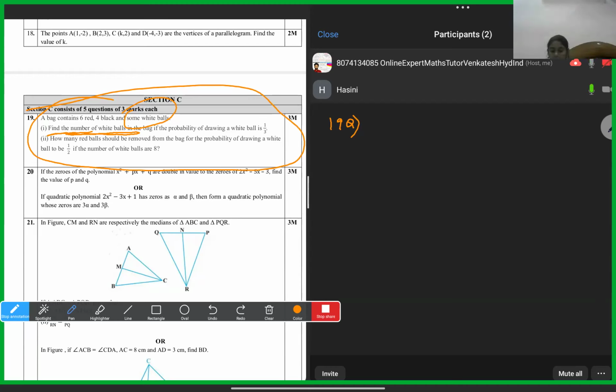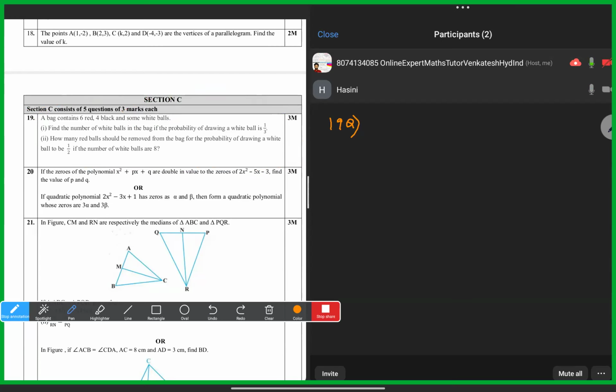So here also the same: we will let the number of white balls be x. First, the number of red balls, how many? 6. Red balls, 6 we have.